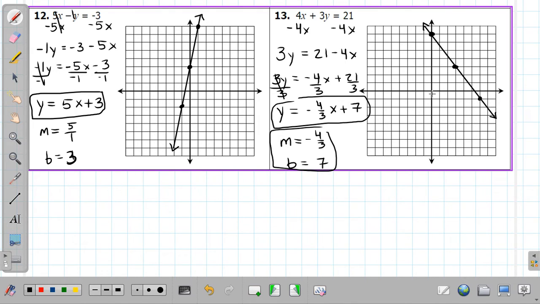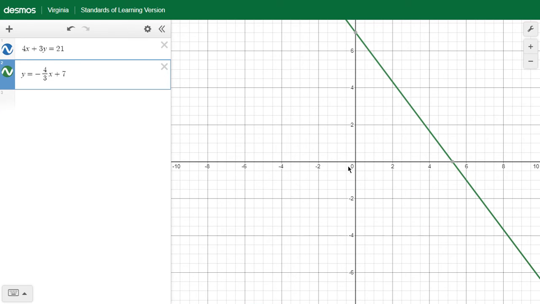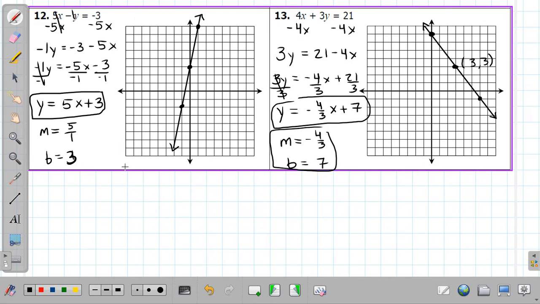What's this point right here? 1, 2, 3, 1, 2, 3. So I have the point 3, 3. Is the point 3, 3 on there? Yep, point 3, 3 right there. You can check any other points you want to, but these two are, in fact, the same line.